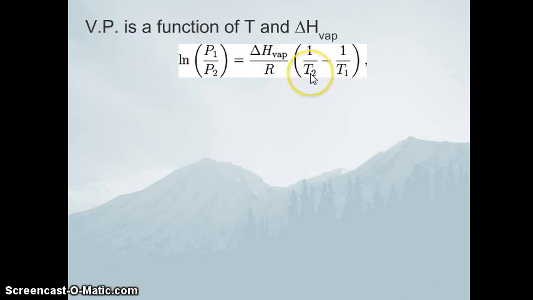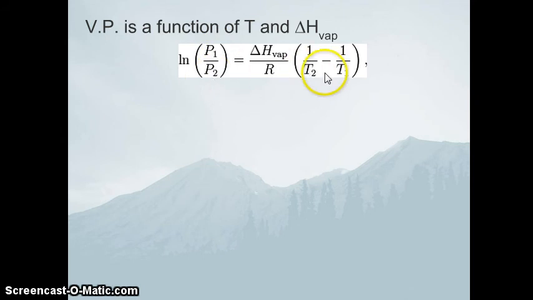T1 and T2 are the different temperatures, and obviously the temperatures need to be in units of Kelvin because we're talking about gases. We're using the gas constant R, and the vapor pressures are P1 and P2, the pressures at T1 and T2 respectively.